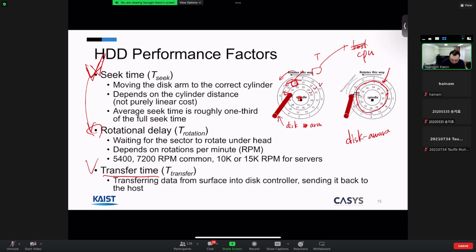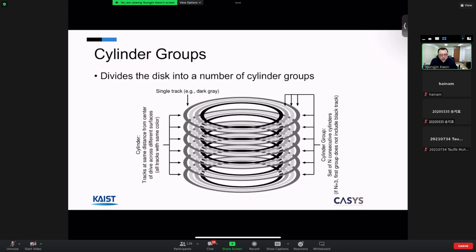That leads to this question. There is a cylinder. Every time, there is a seek. The hard disk consists of several platters, and grouping this geometry together matters, because accessing sectors within the same cylinder does not require seek time.